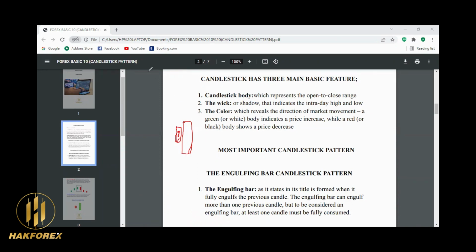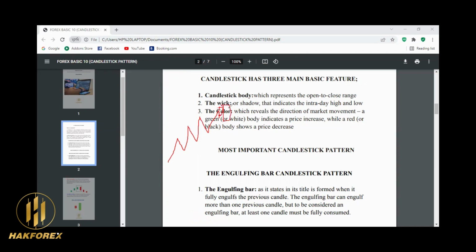Let me clear the chart. Let's assume the market is going up now, in an uptrend, and you now see an engulfing candlestick. Let us assume you have a resistance level here, or any significant level you are looking to sell, and you saw an engulfing candlestick here.